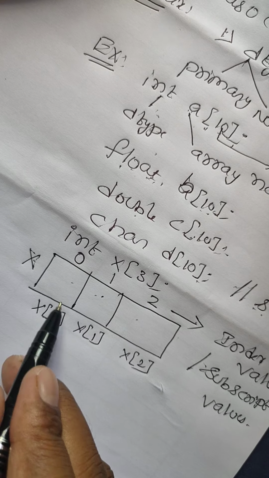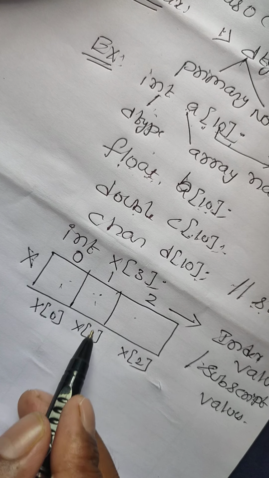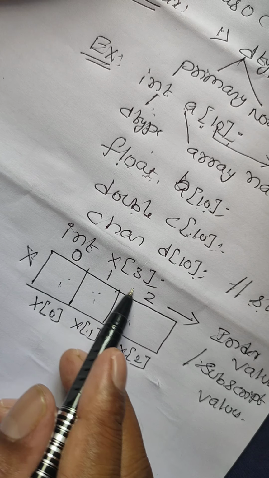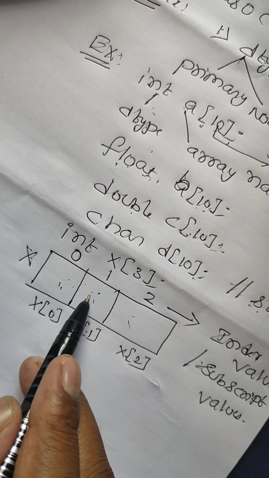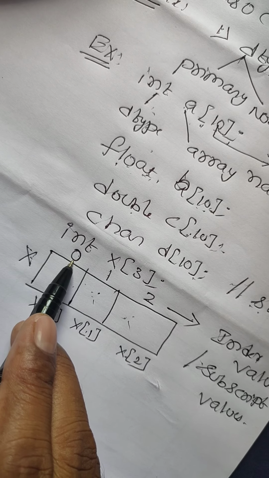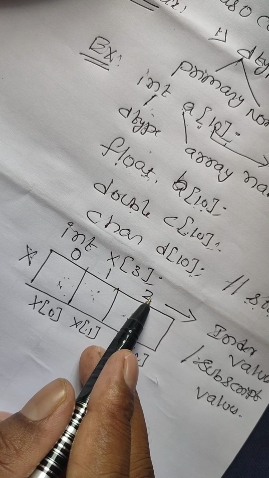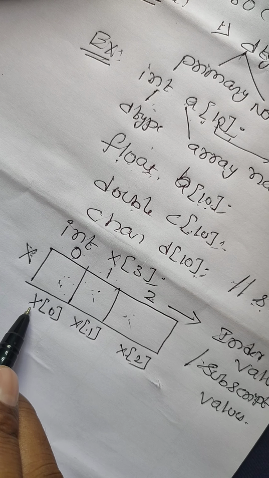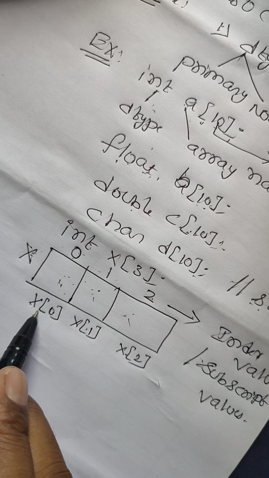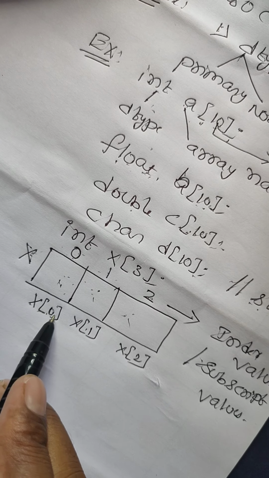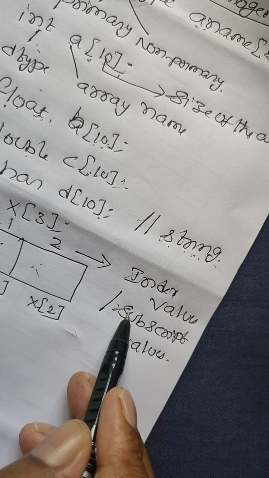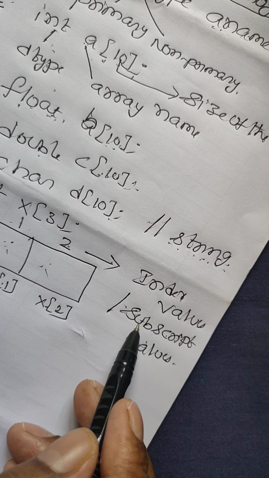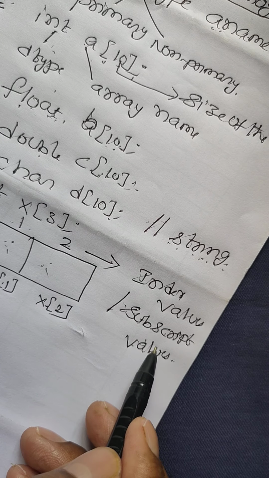These are the first, second and third box names. If you want to use a box, we use the index value with the array name: the name of the array, square bracket, 0, square bracket. That's why they are also called subscript values.